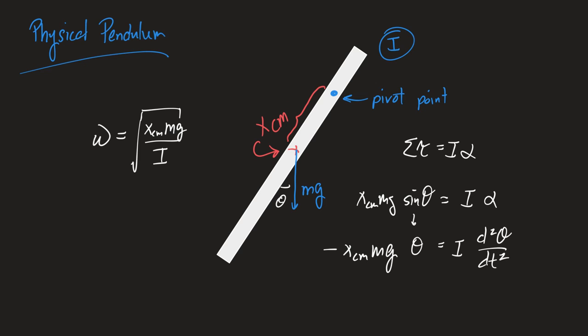Yes, sir? Why did you substitute the alpha for the d squared theta? Well, I started with Newton's second law, and I'm trying to make it look like this.